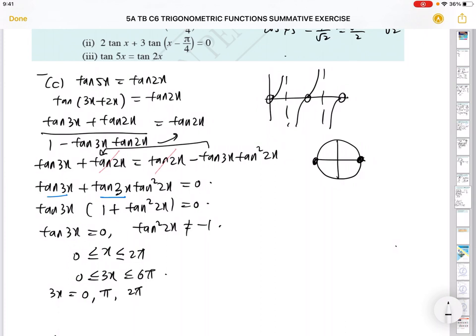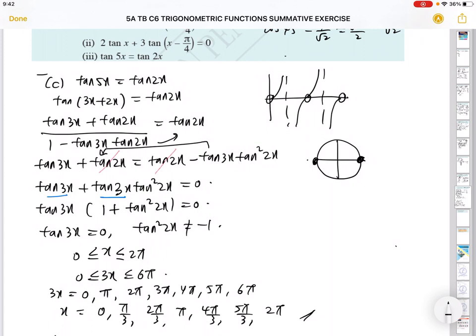This is 0, pi over 3, 2 pi over 3, pi, 4 pi over 3, 5 pi over 3, 6 pi divided by 3 is 2 pi. There you go. That's all the answer. Okay. It's very long, right? Okay, the next question. Oh, we're still far from the finishing line.